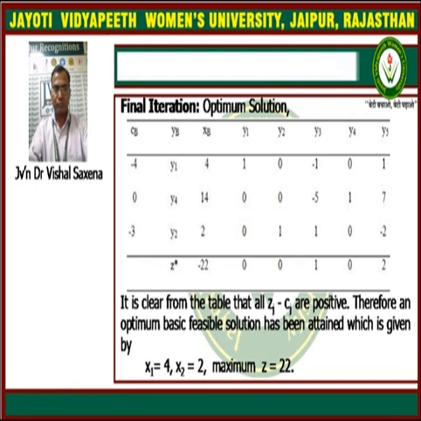So we can see from this table the Z star value, which is given here as Zj minus Cj. The values of Zj minus Cj are obtained as all non-negative values: 0, 0 and 1, 0, 2, and here we can see all the values are greater than or equal to 0, and no artificial variable is present in this table.